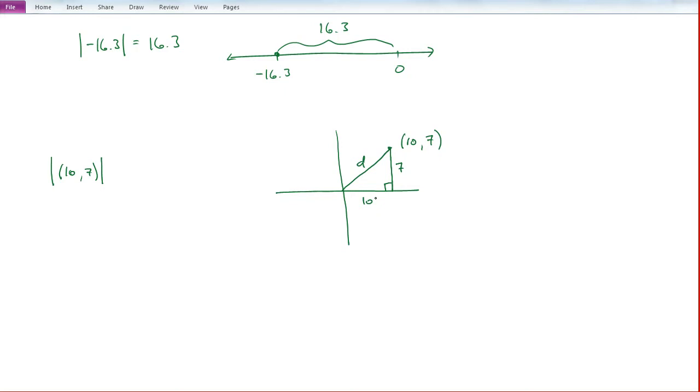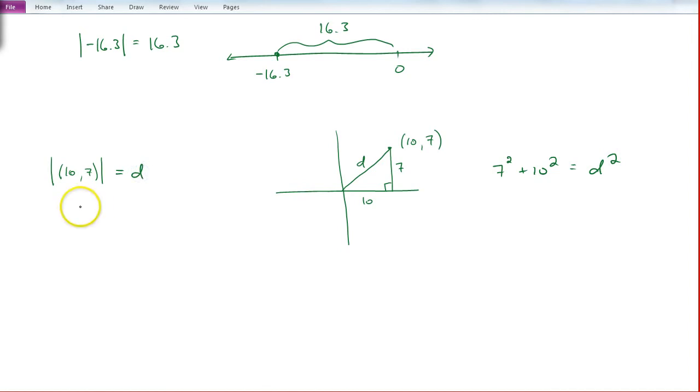In fact, you'll recognize that you can use the Pythagorean theorem for every two-dimensional absolute value problem. So you might say 7 squared plus 10 squared is equal to d squared, and what we want is d.